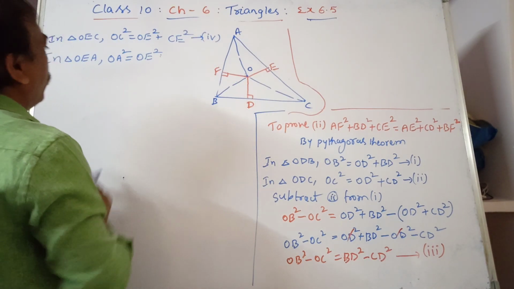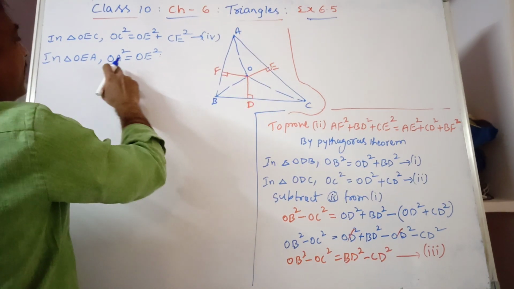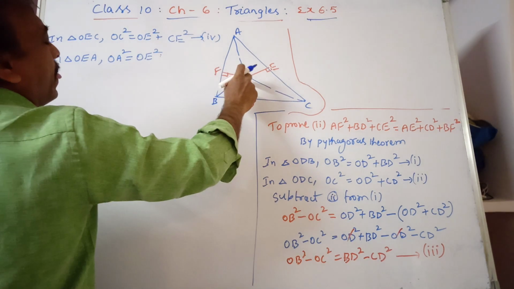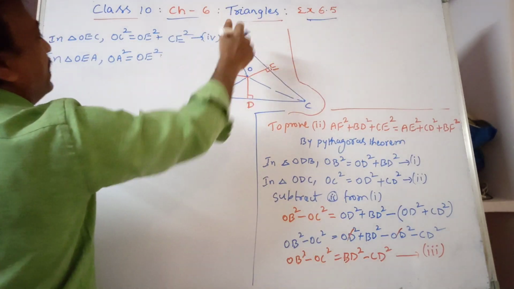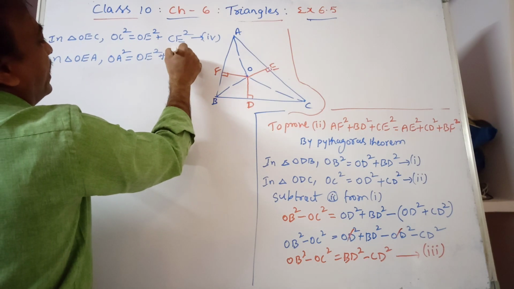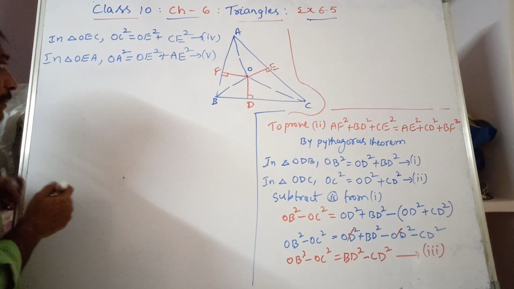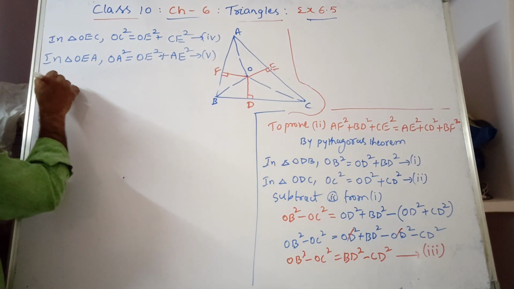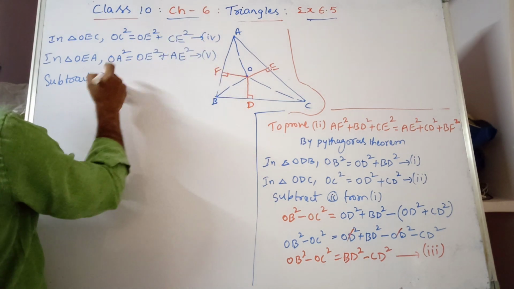Let that be equation 4. Now in OEA, OA square is the hypotenuse, which is equal to OE square plus AE square. Let this be equation 5. Now subtract 5 from 4.